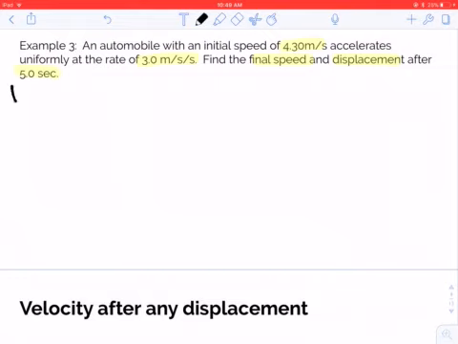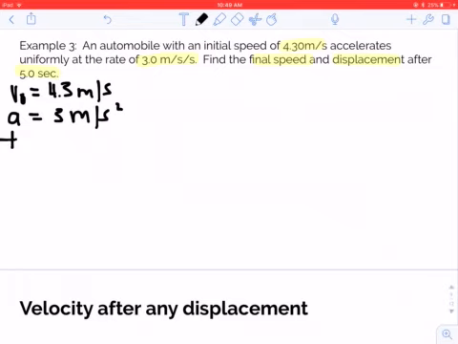We know that our initial speed is 4.3 meters per second. Our constant acceleration rate is 3 meters per second squared. This occurs over a 5-second interval.